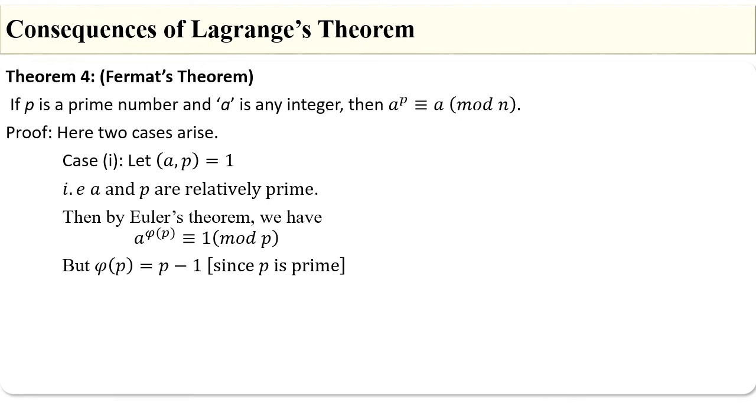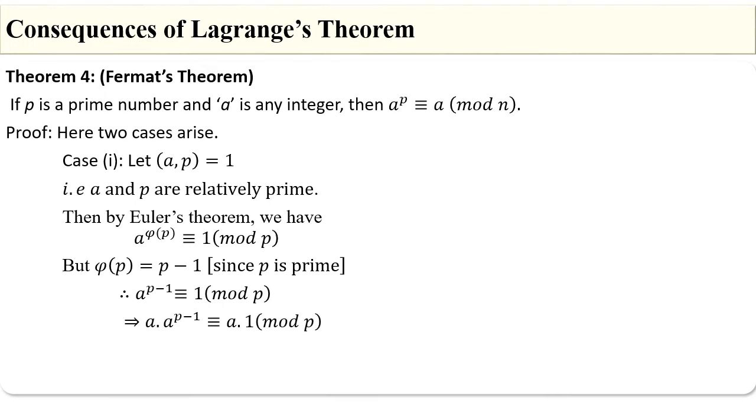But we know that phi of p is equal to p minus 1, where p is prime. Therefore, a to the power phi of p congruent to 1 modulo p becomes a to the power p minus 1 congruent to 1 modulo p.